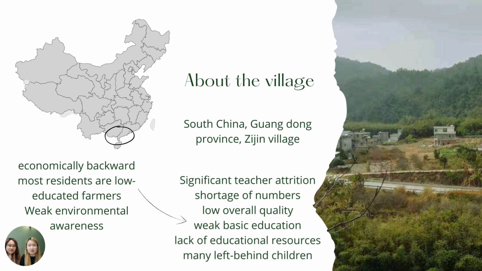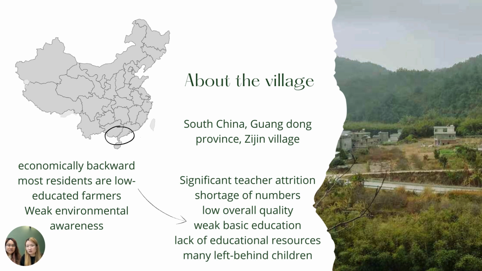Consequently, the overall quality of education in the village has suffered, leaving many students with limited access to a well-rounded and comprehensive education. Additionally, the village struggles with the issue of left behind children. So, what is left behind children?